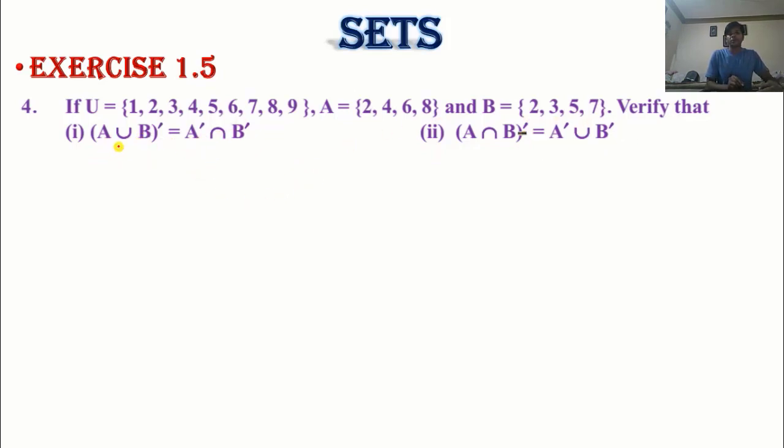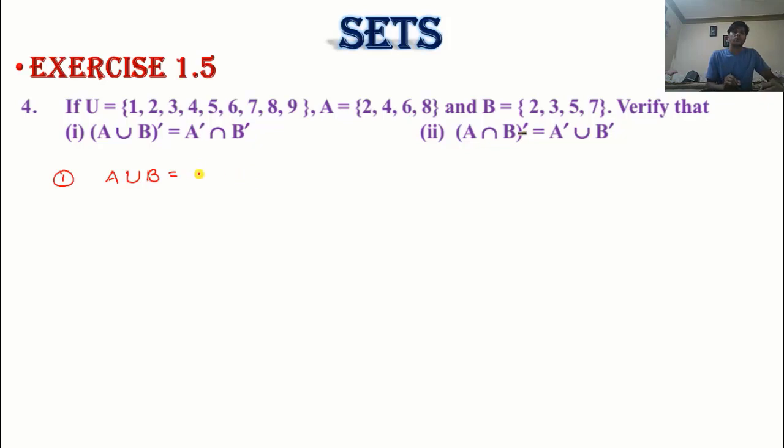A union B. As per your left hand side, firstly what is required? A union B. So I will calculate A union B, which is the union of both of these: 2, 4, 6, 8, 3, 5 and 7. You can write in order: 2, 3, 4, 5, 6, 7 and 8.